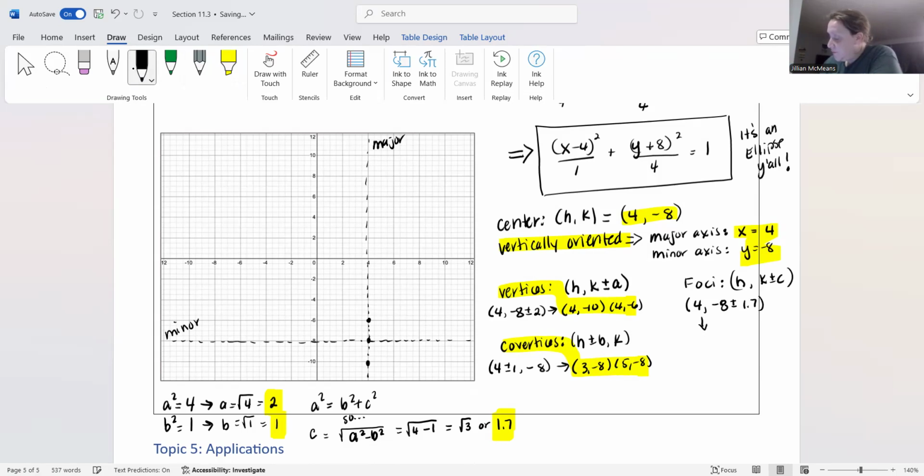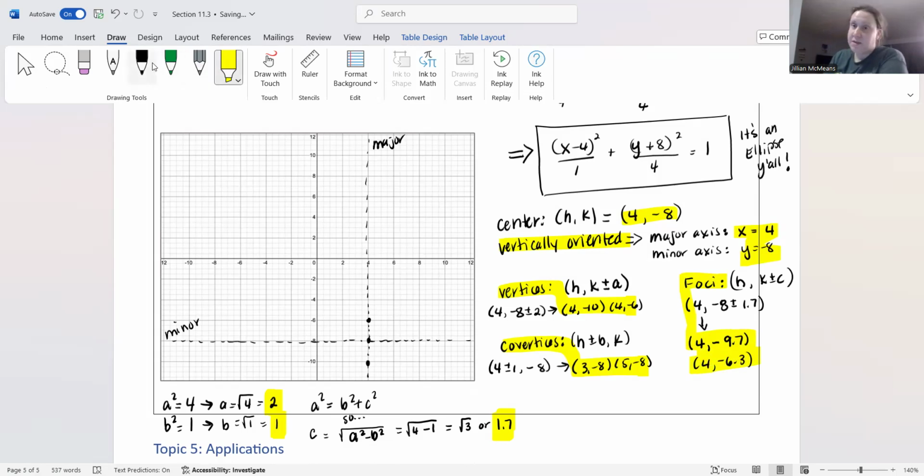So we're going to get focus points of (4, -9.7) and (4, -6.3). Is that right? I think I'm good there. Did I get them right? -6.3, -9.7. We're good.